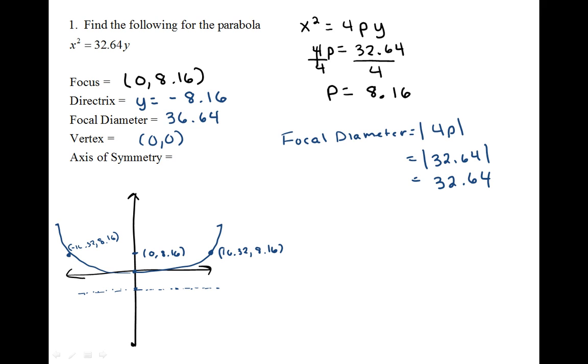Just so you can have an idea of what that looks like. And of course, this is the line y equals negative 8.16. Your axis of symmetry is this line right here, and that's the line x equals 0. Okay? I could have moved my graph over a little bit. I had plenty of room. So let's go ahead and try another one.